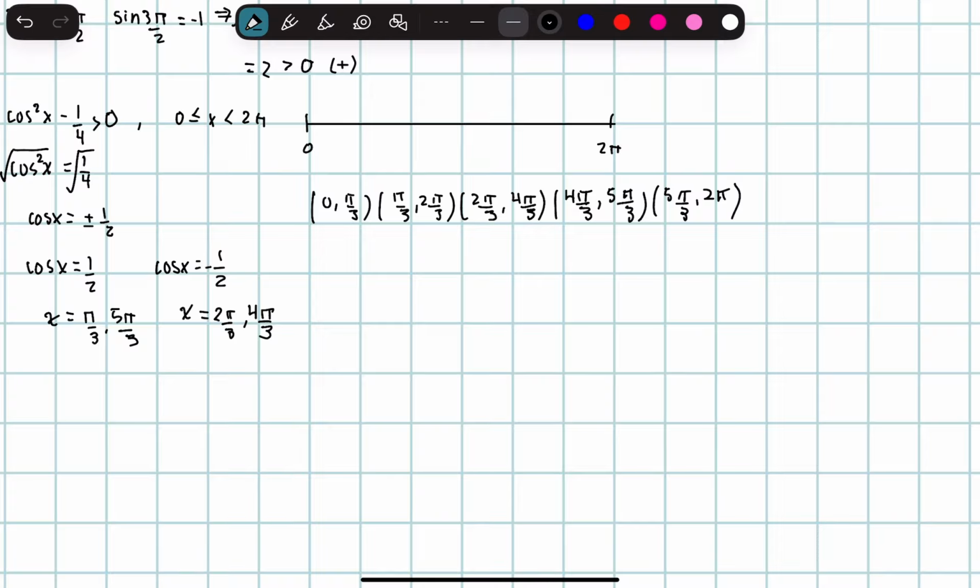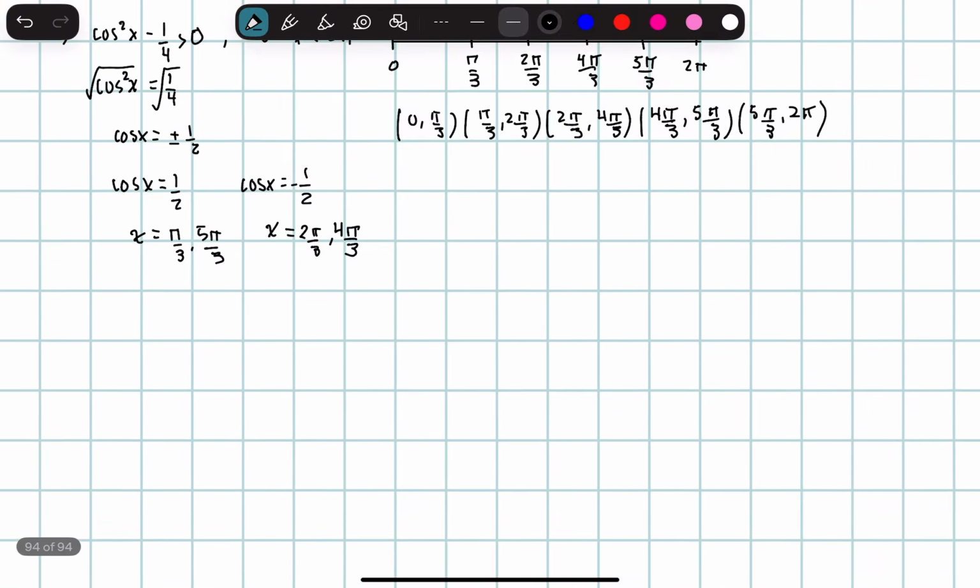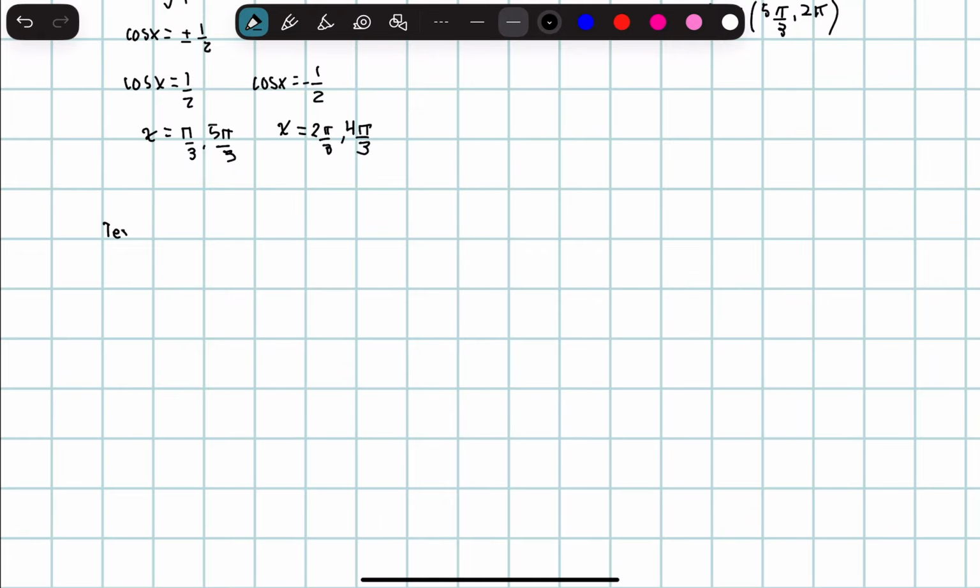So now we can label these pi over 3, 2 pi over 3, 4 pi over 3, and 5 pi over 3. Now we're going to test some points. Pretty long inequalities. So we're going to have 5 intervals.